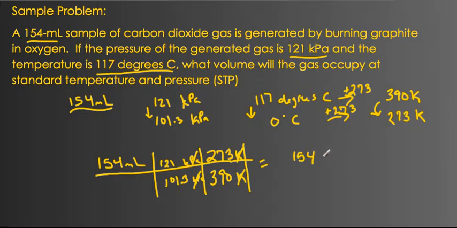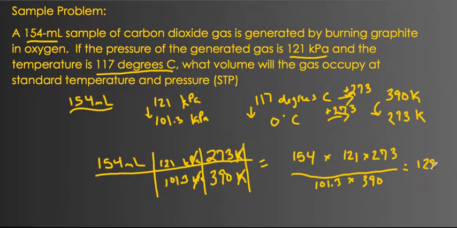Basically we're doing 154 times 121 times 273, and dividing all that by 101.3 times 390. If you do all this correctly in your calculator, it comes out to roughly 129 milliliters. And that's it. That's the combined gas law.